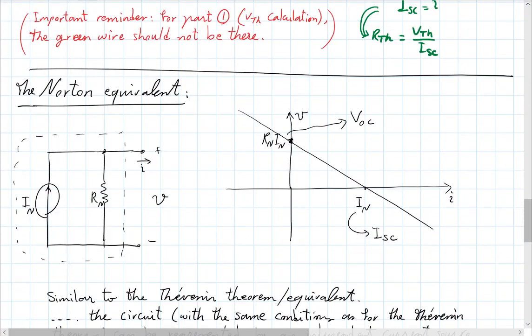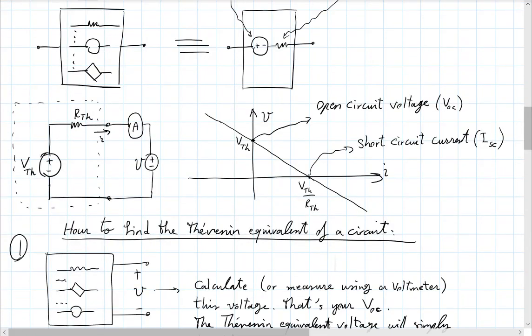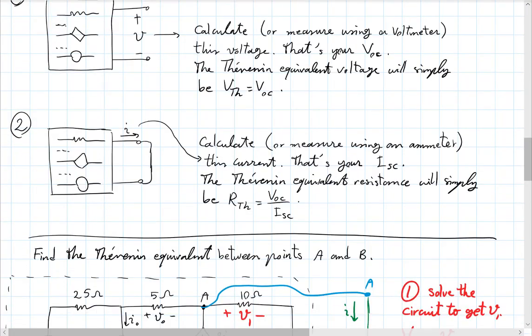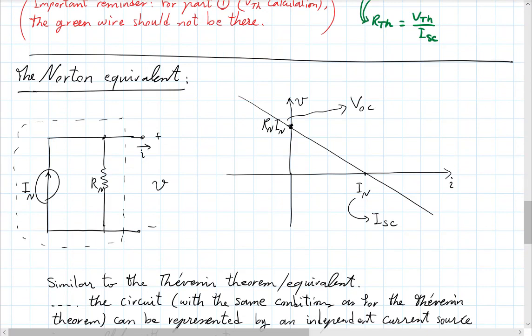If you look at the IV characteristics, you have this line, and same here. In the Thevenin picture, the point of zero current on the voltage axis is called the Thevenin voltage. In the case of the Norton equivalent, that point is the product of the Norton resistance and the Norton current.